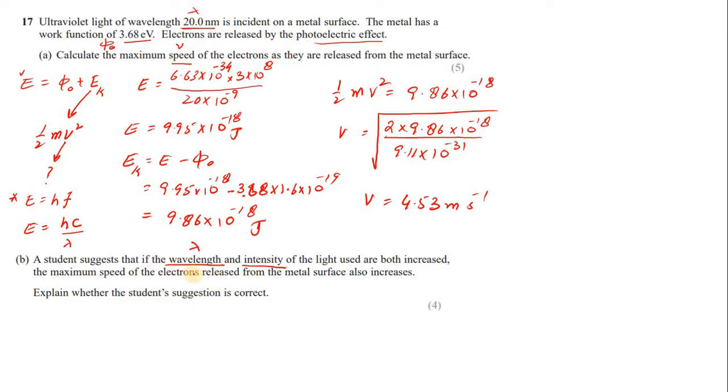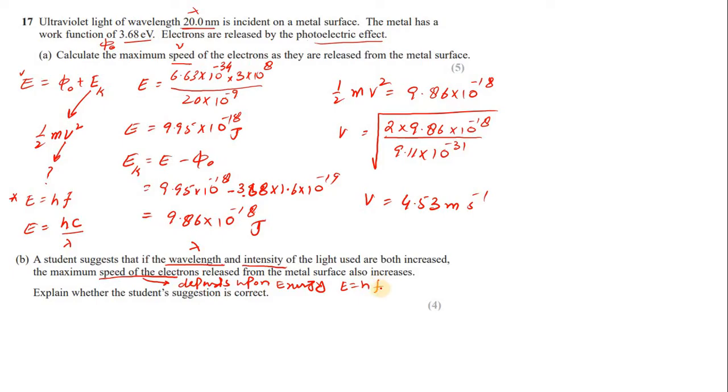speed of the emitted electron depends upon the energy of the incident photon. And energy depends on frequency.